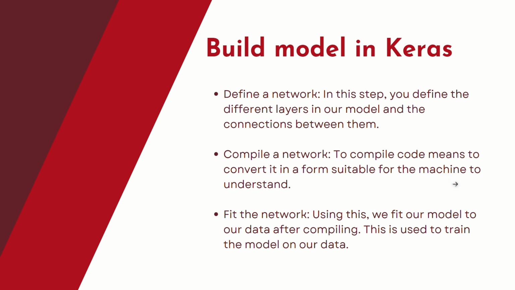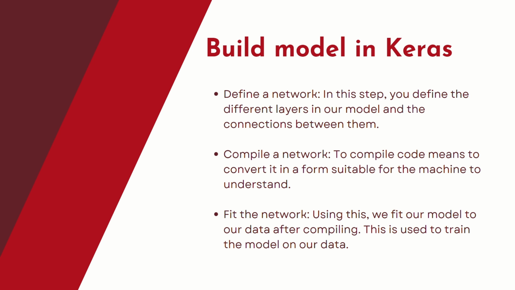Now, how do you build a model in Keras? To build a model in Keras, you first have to define a network. In this step, you define the different layers in our model and the connections between them. Then you compile the network.